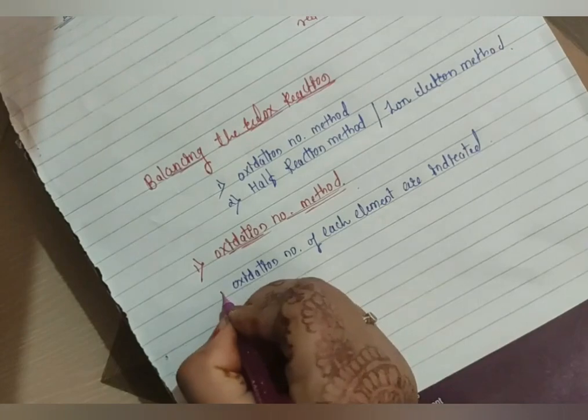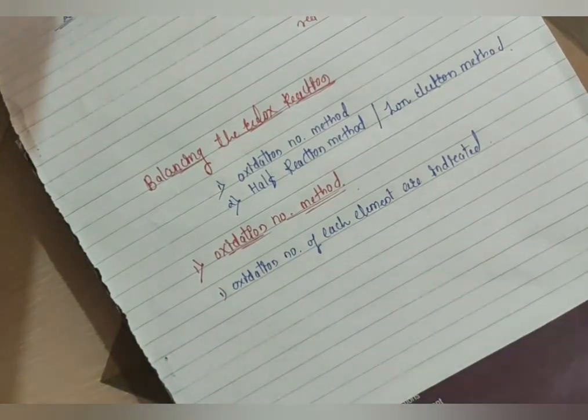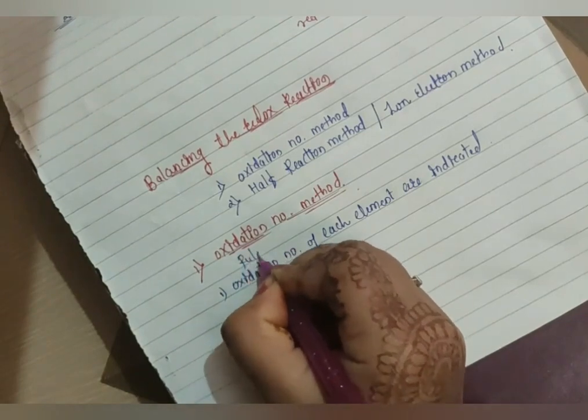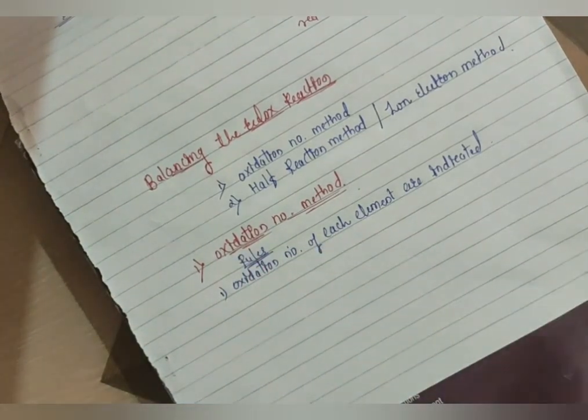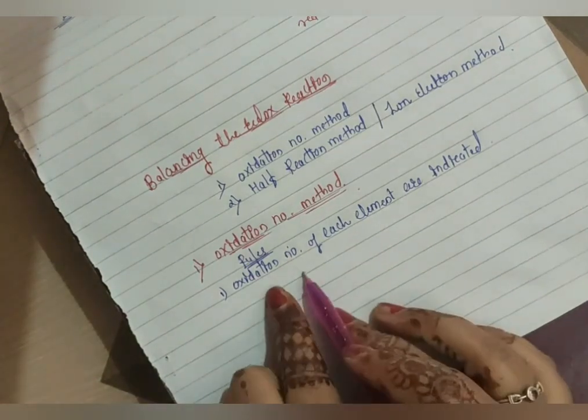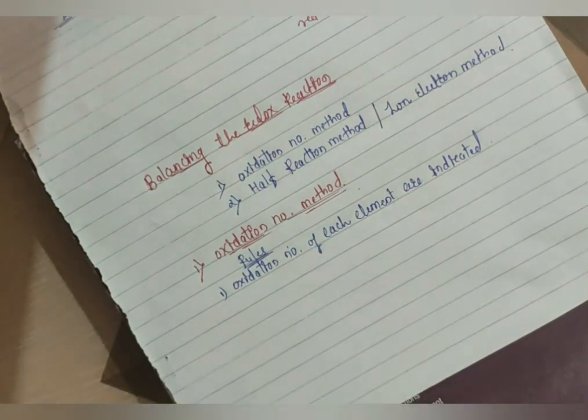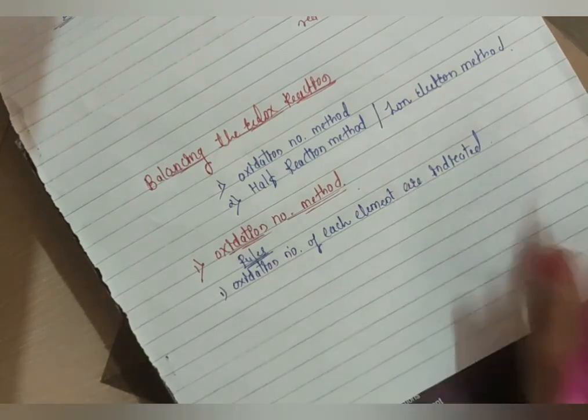Whatever reaction is given, first try to understand the rules. I will solve an example, don't worry. If you know the rules, you can easily solve the whole reaction. What is the first step? The oxidation number of each element can be indicated, meaning you have to write the oxidation number of each element in that reaction.